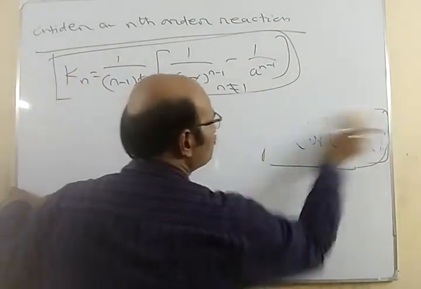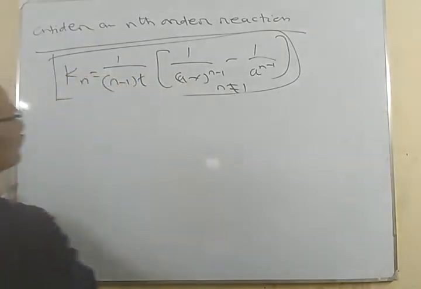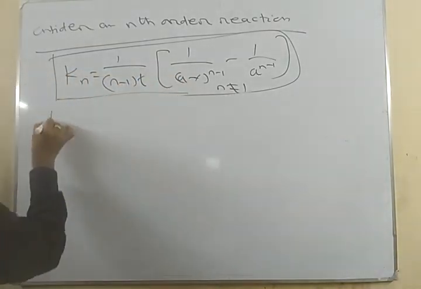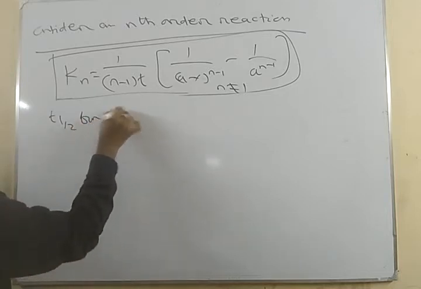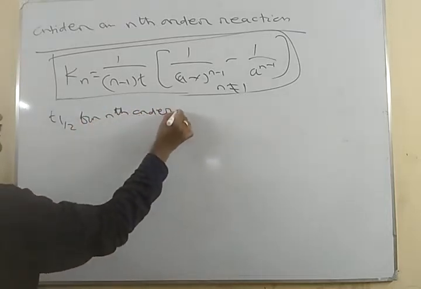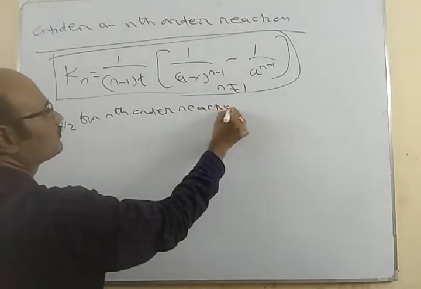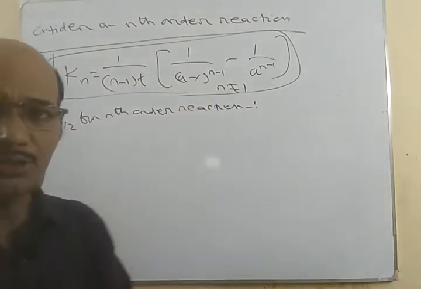Now, suppose we go for the half life period. Okay, t half for nth order reaction, including 0.